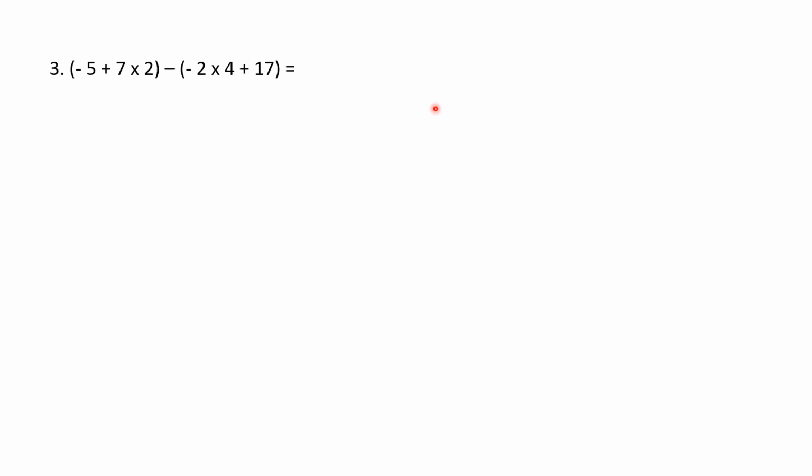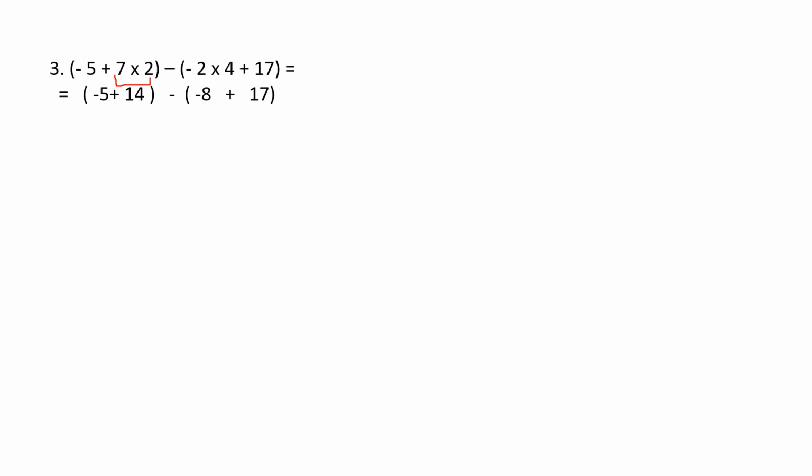The last one, look and pay attention. Here I have parentheses, subtraction, addition, multiplication. According to the order of operations, we have to start with the parentheses. But here I have 2 parentheses, so starting from left to right. Starting with the first one, I have to start with the multiplication.